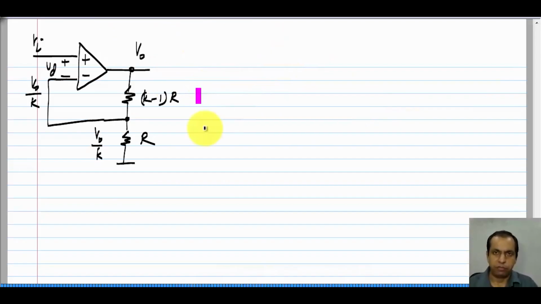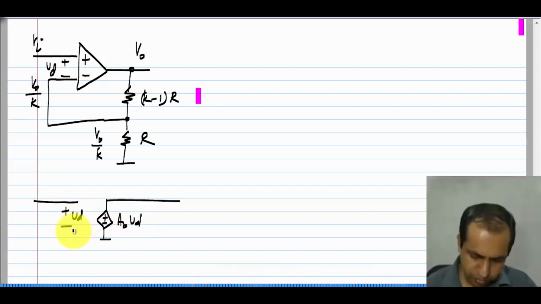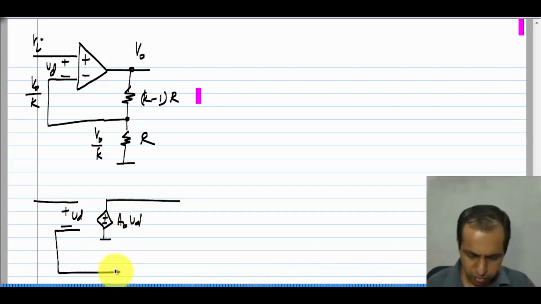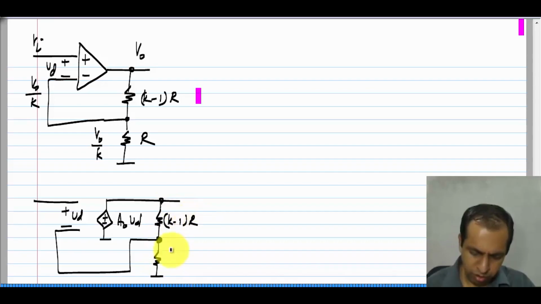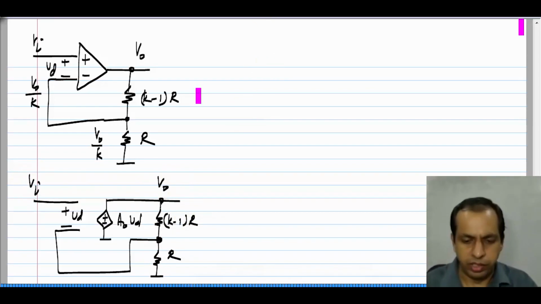Initially, if you are a little bit confused with the op amp symbol, you can substitute it with the controlled source symbol. This is A naught V D and this voltage is V D. I have not done anything here.